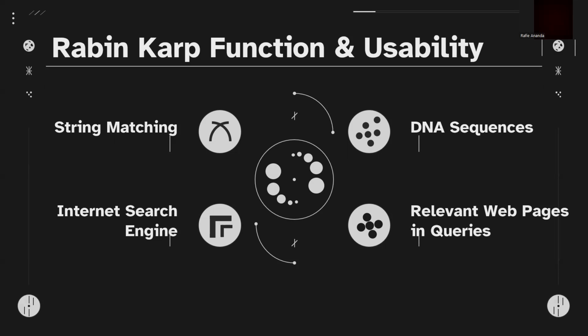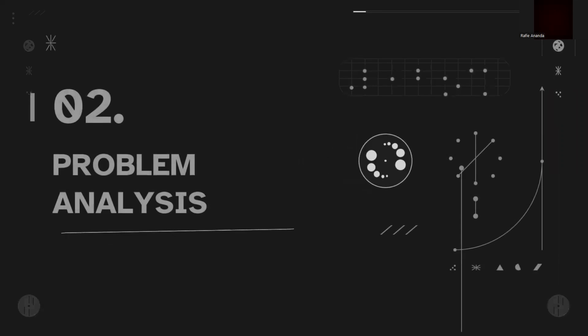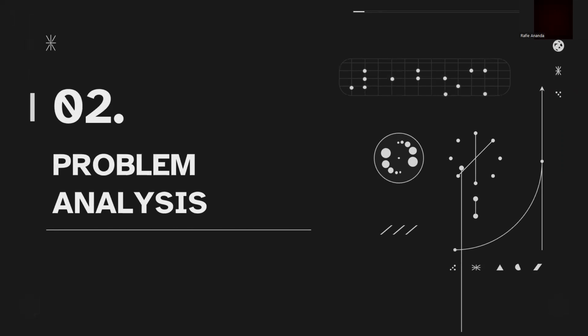Using string matching includes searching for patterns in DNA sequences, internet search engines, and finding relevant web pages in queries, and it can also be used for detecting plagiarism in writing. Okay, the next slide. I will hand over to brother Alfi.